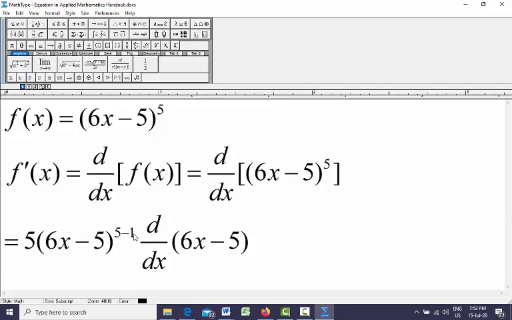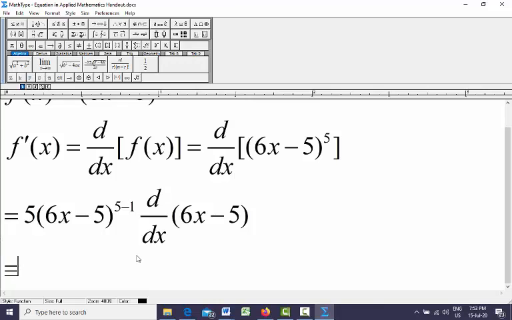That means 5 minus 1, and then you do the differentiation of inside materials. Right, so what do we have? Power 5 minus 1 is equal to 4.